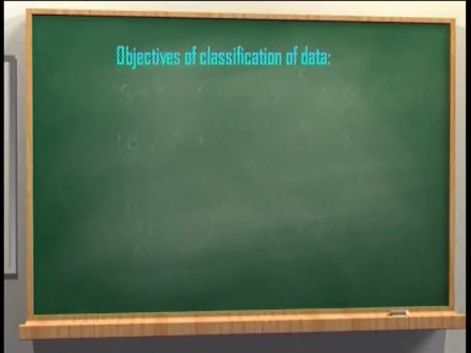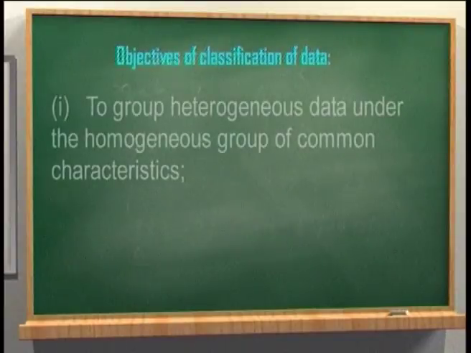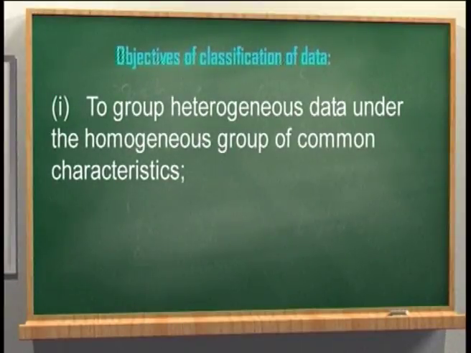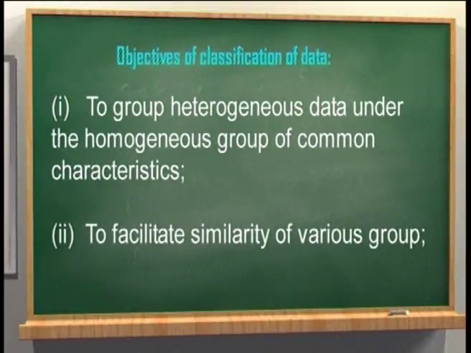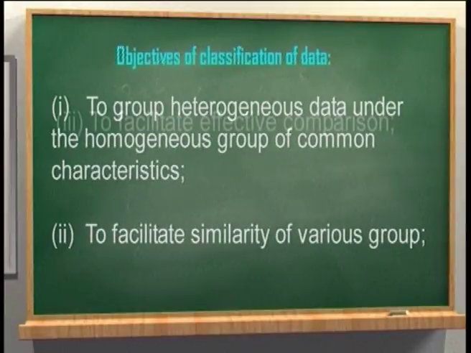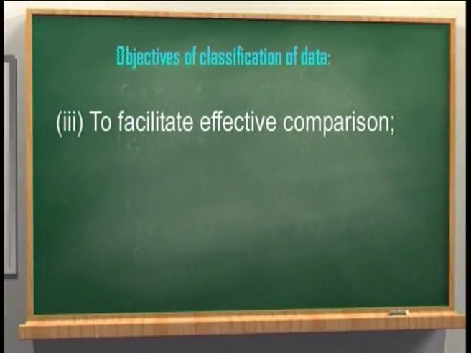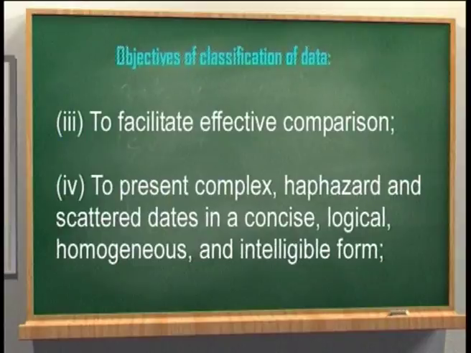The major objectives of classification of data are: 1. To group heterogeneous data under the homogeneous group of common characteristics. 2. To facilitate similarity of various groups. 3. To facilitate effective comparison. 4. To present complex, haphazard and scattered data in a concise, logical, homogeneous and intelligible form. 5.